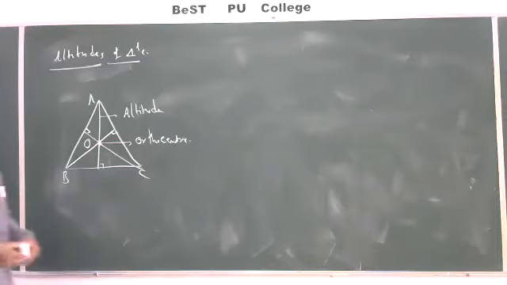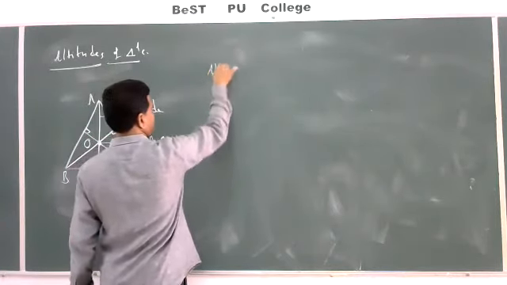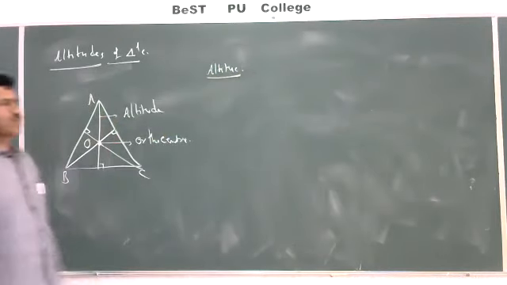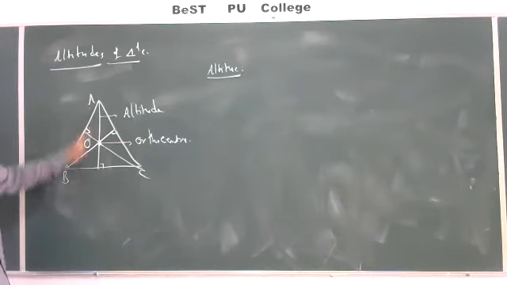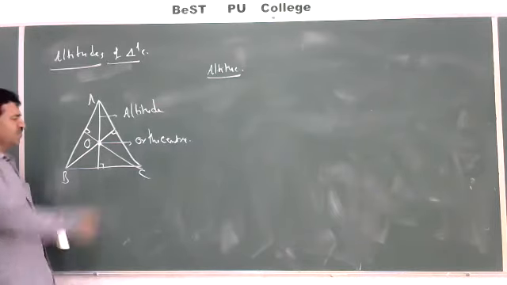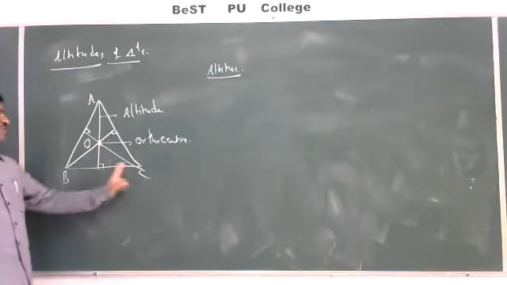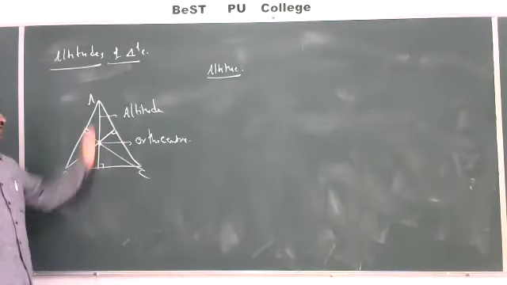So first write the definition of altitude. Previously we discussed that the median is different from the altitude. Both are not the same. Median means just passing through the midpoint and the opposite vertex. Altitude means perpendicular to the side and joining the opposite vertex.